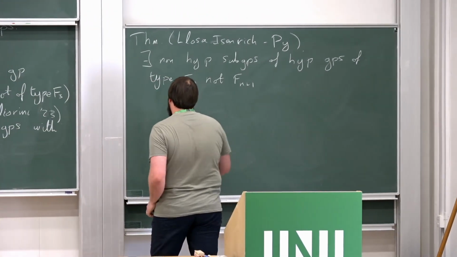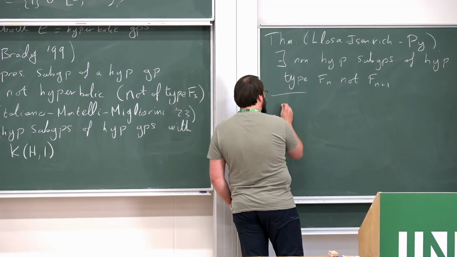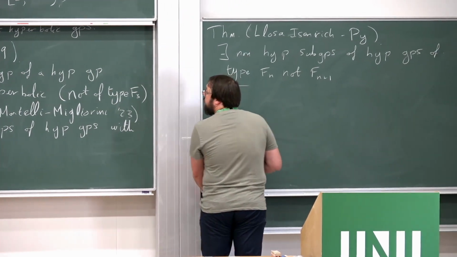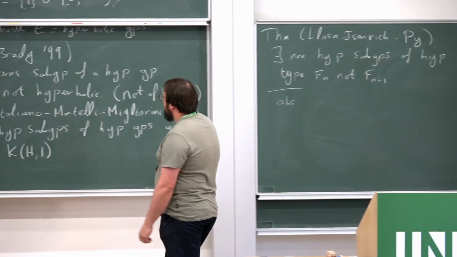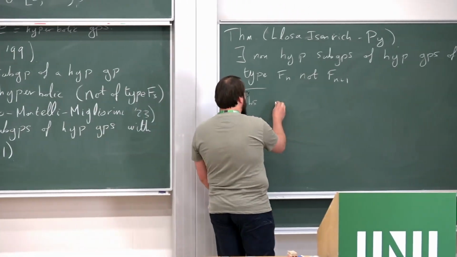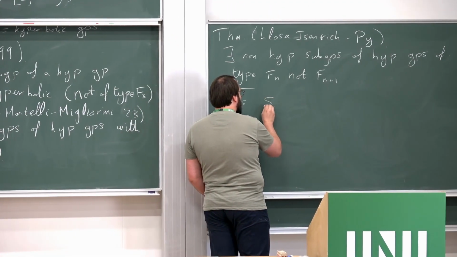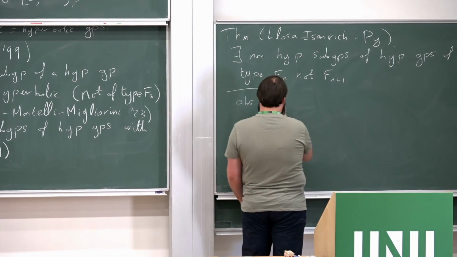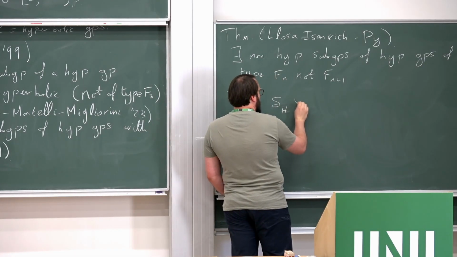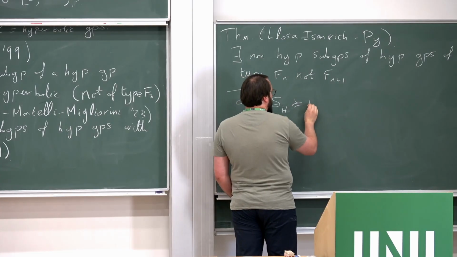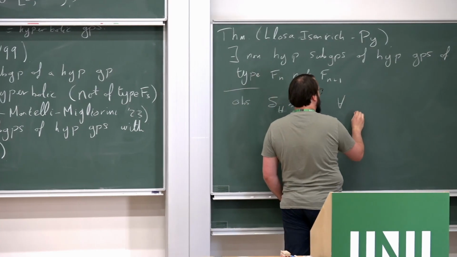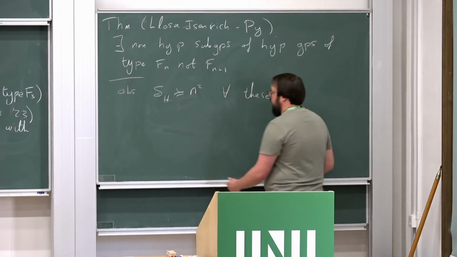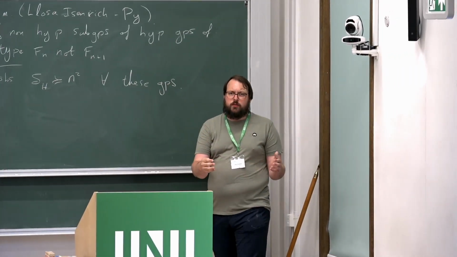Right, and so here's a trivial observation. The Dehn function of H is at least quadratic for all these groups. Okay, so it's easy to get a trivial lower bound.